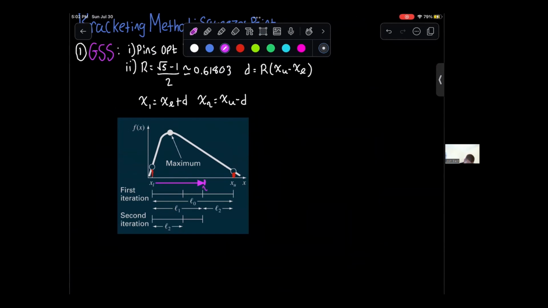This is our X1 point. The distance from X upper to D looks like this. That is X2.